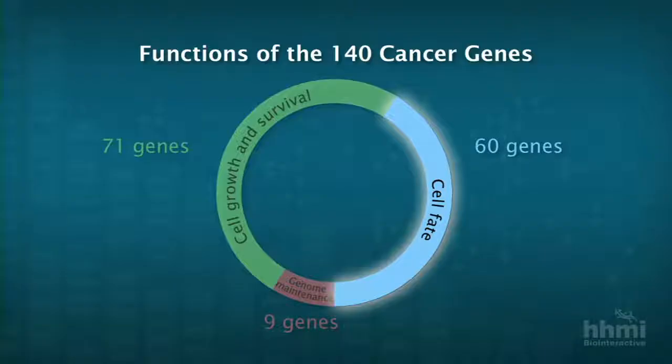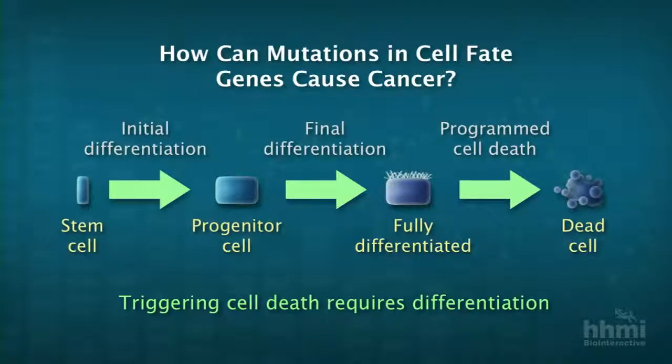fate. So what do I mean by cell fate? Well, I'm talking about the process by which a stem cell from a tissue differentiates, gives birth to progenitor cells, which then further differentiate into mature cells of whatever tissue that is. And eventually, those mature, fully differentiated cells tend to die.